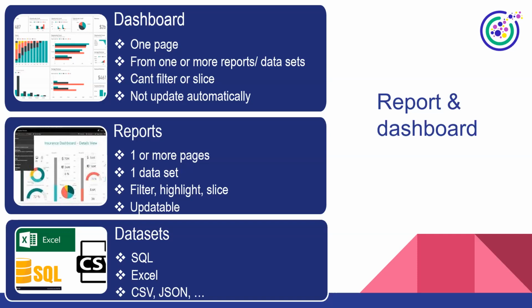But in a dashboard, we cannot filter or slice, and it's not updated automatically. If we want to update the dashboard, we have to update the reports, and then pin the reports into the dashboard again. So that is the basic idea. Today we will build reports. If we publish and share reports, we will pin them and make a dashboard.